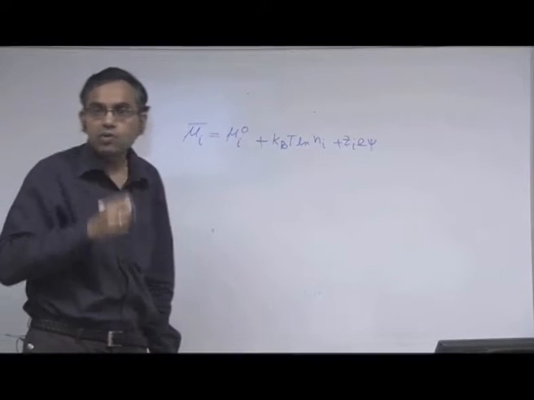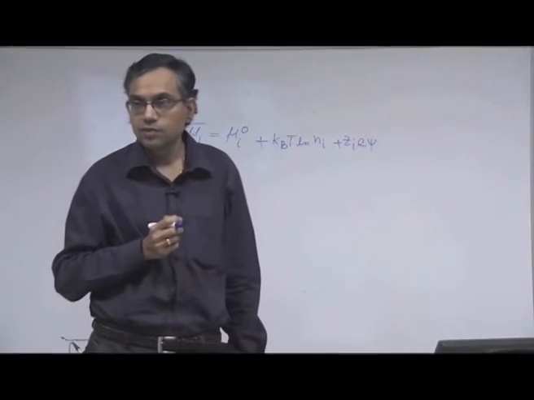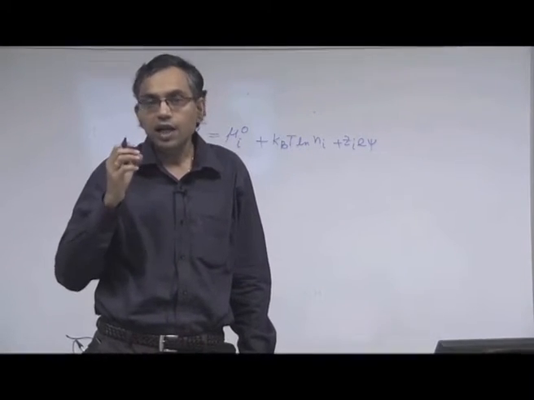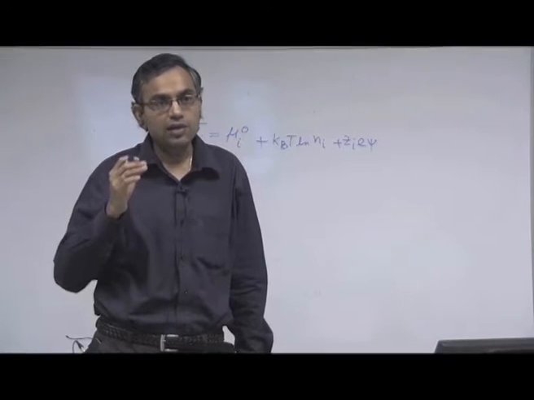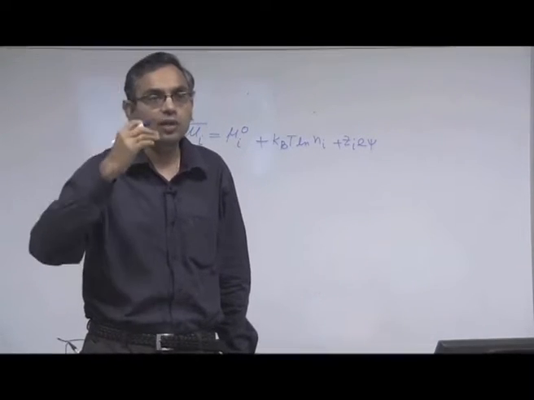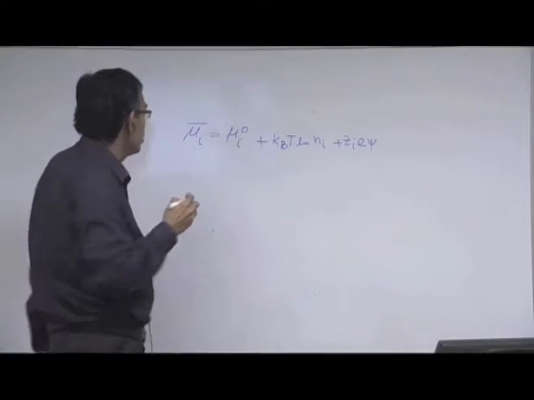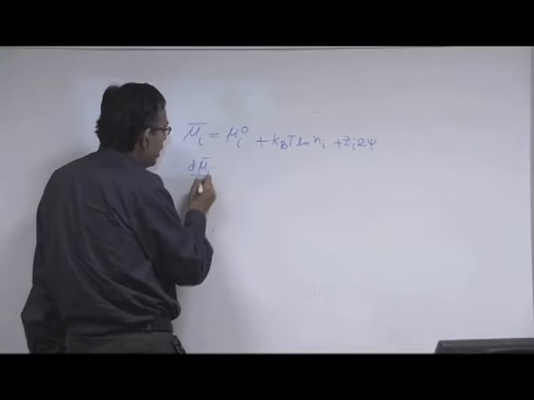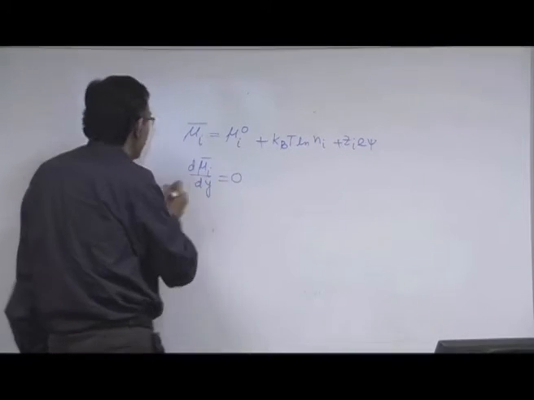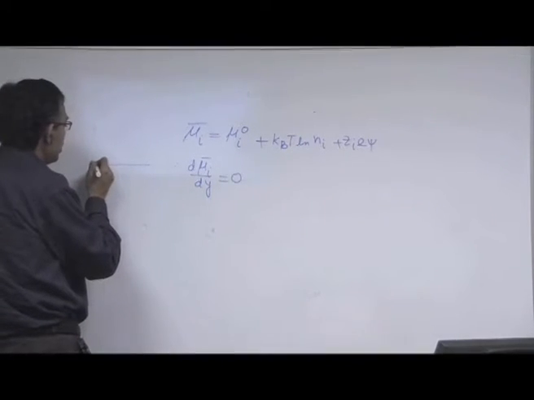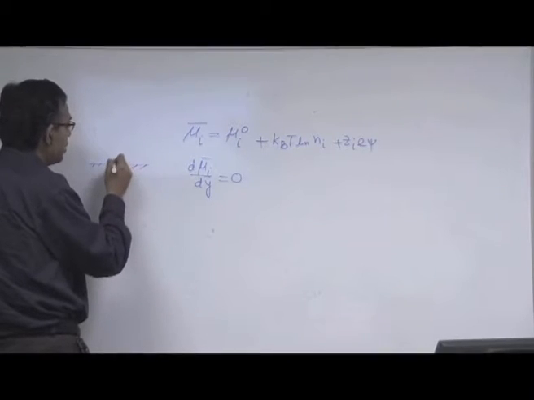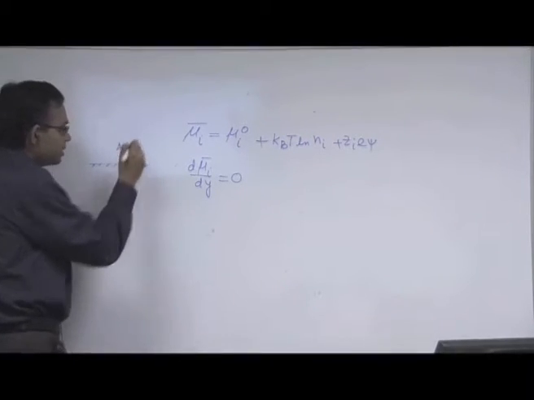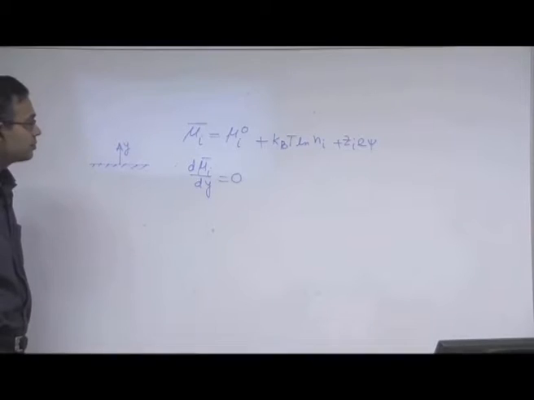Now for the system to be in equilibrium, what is the electrochemical potential? The gradient of electrochemical potential must be 0. So for equilibrium you must have d mu i bar dy equal to 0. What is the y direction? If this is the plate, the solid boundary at which the electrical double layer forms, then this y direction is perpendicular to it.